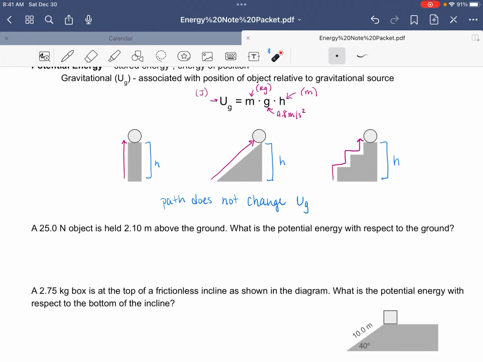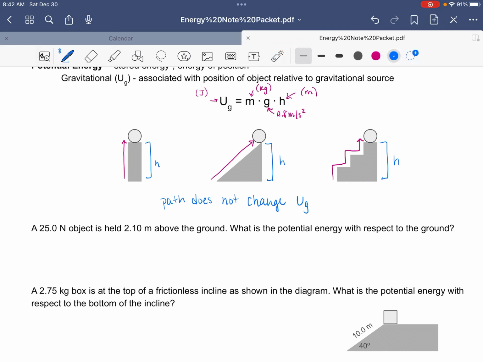For this problem, they gave us the height, but then they gave us a weight, a 25.0 Newton object. We know that the weight of an object is its mass times gravity. So basically the 25 newtons is just the mg. So it kind of took out a step for us.